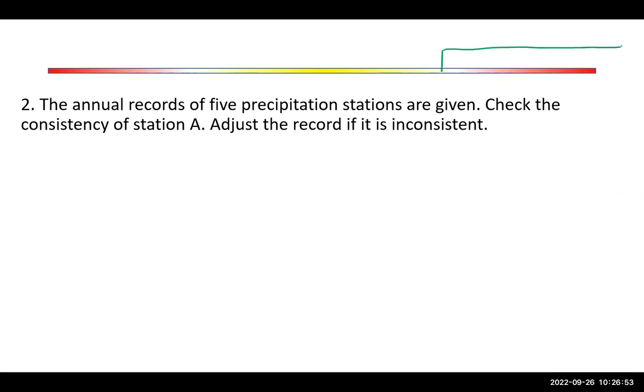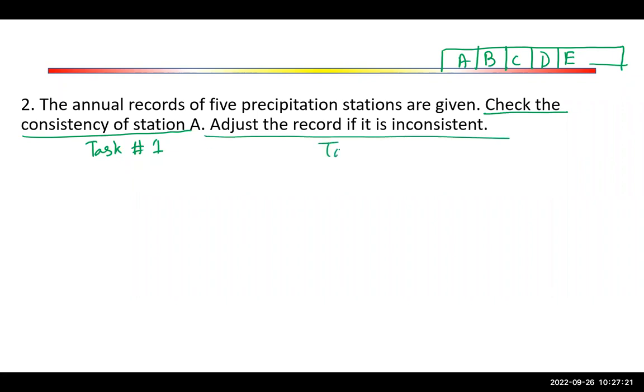So I'm assuming you will have A, B, C, D, E, right? Now, it says that check the consistency of the station A. That is task number 1. Now, if you find any inconsistency, you need to adjust that. That is task number 2.